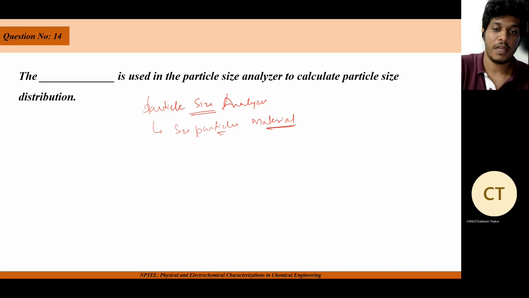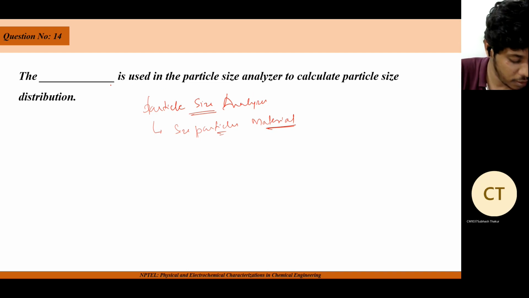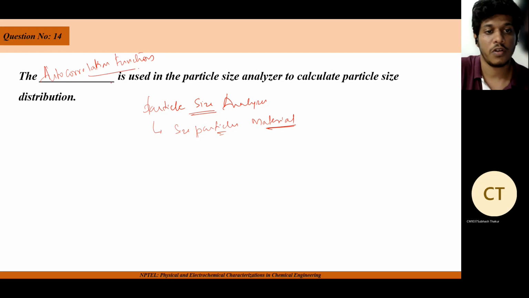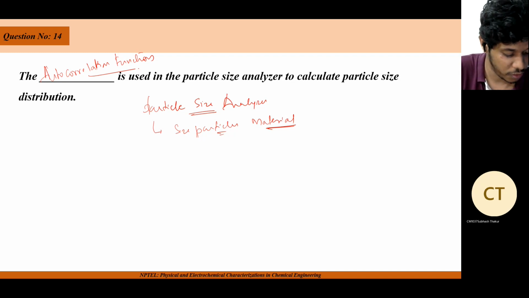So basically, in a particle size analyzer, we do this calculation by calculating something called the autocorrelation function. So the autocorrelation function is used in the particle size analyzer to calculate the particle size distribution.